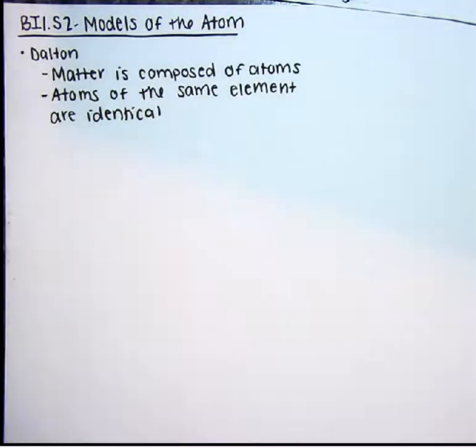So the element carbon, for example, is made up of all carbon atoms, but not every atom is identical because we know there are isotopes. And isotopes are not identical because they have different mass numbers.